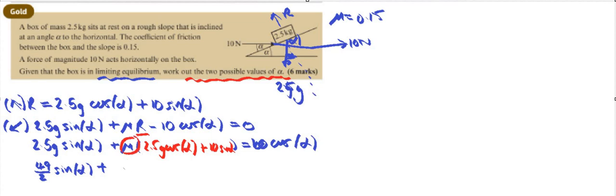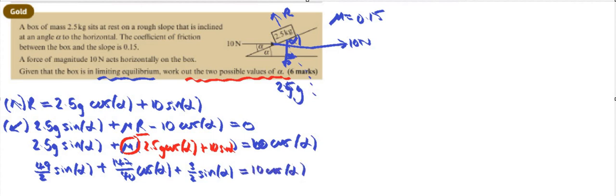Okay, that's equal to 147 over 40 times our cos alpha plus 3 over 2 sine of alpha, and that's all equal to 10 cos of alpha.